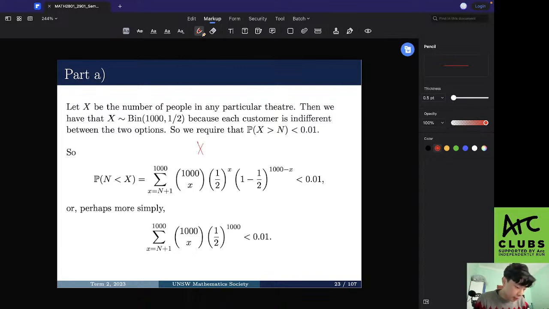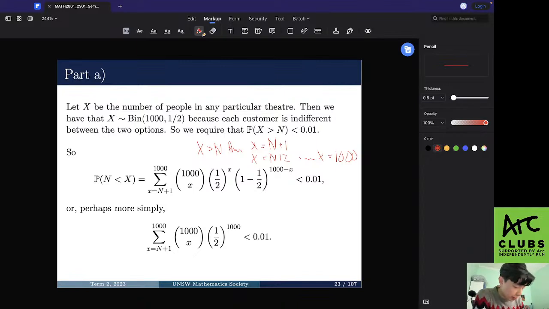Let's say if x is greater than n, then we have the case where x is equal to n plus 1, x is equal to n plus 2, and so on until x is equal to 1,000. So that's kind of what we do in this case, right?